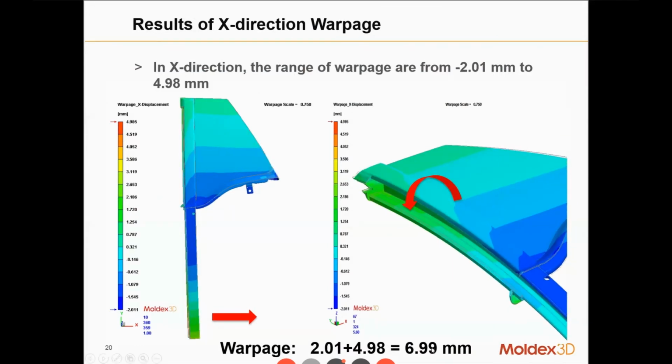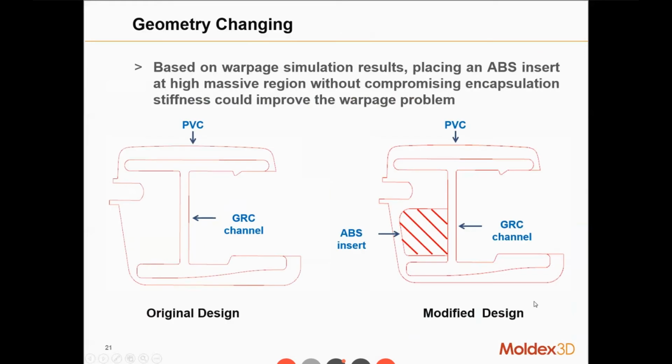With this heat accumulation, the part has a high warpage of about 7 millimeters. The GRC will move toward the x-axis, and this region will start to twist along the GRC as an axis.